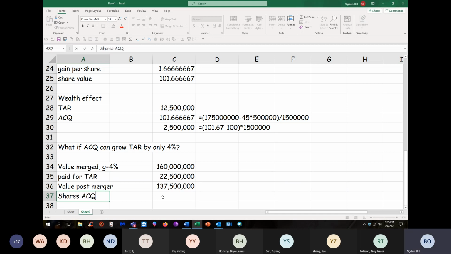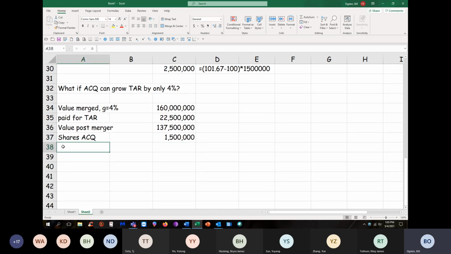Well, there's a cash offer. The offer didn't affect the number of shares. They still have their original 1.5 million shares. So let's get our share price.